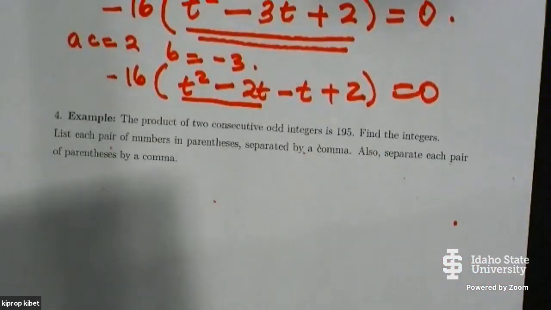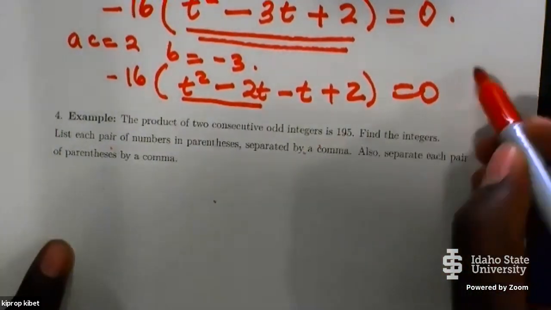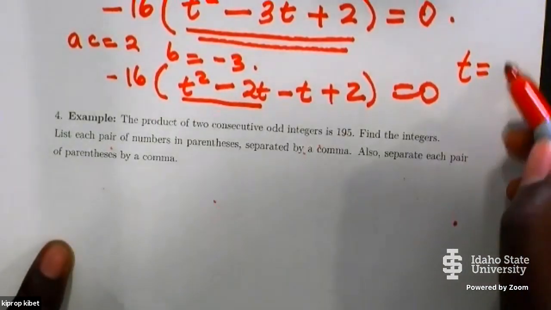All right. Let's come to number 4. In number 3, in sentence form, you can just write t equals 1 and 2.